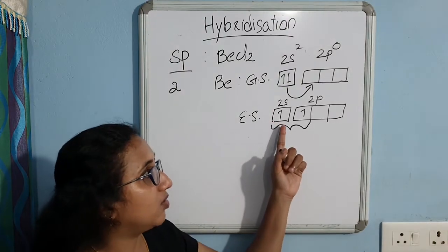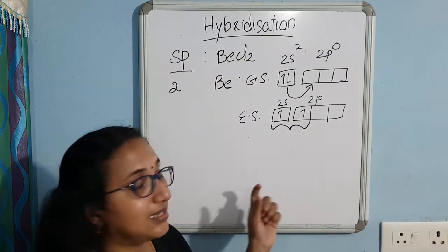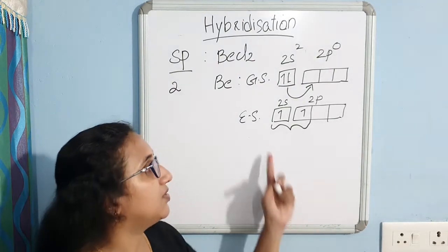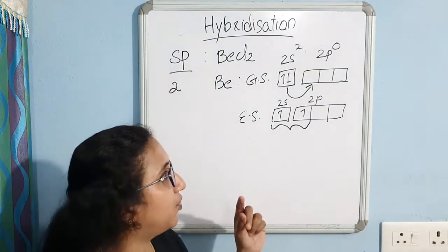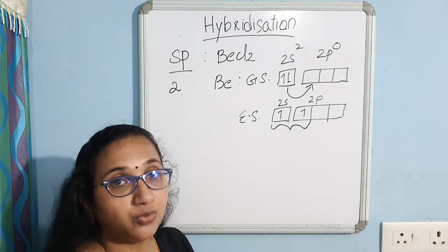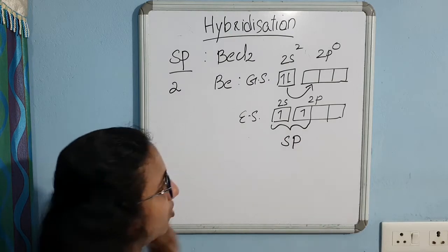We know the s orbital is spherical in shape, the p orbital is dumbbell in shape, and their energies are also slightly different. So now these 2 atomic orbitals undergo intermixing to form 2 new hybrid orbitals, which are called sp hybrid orbitals.